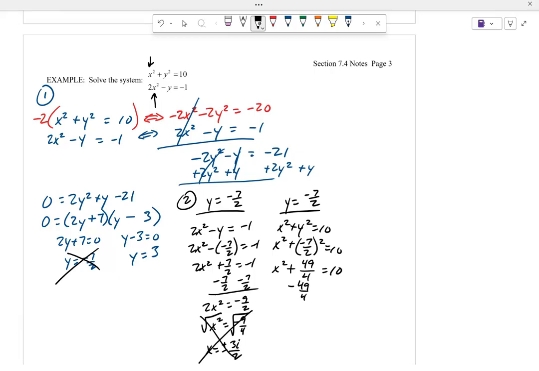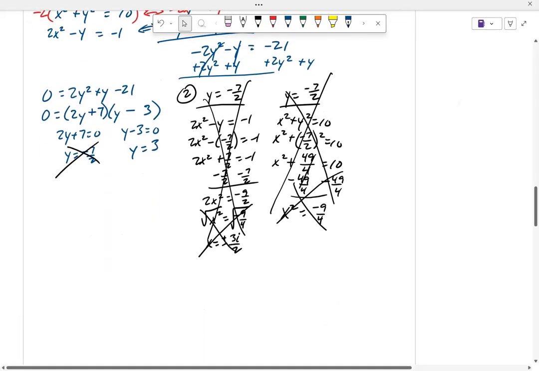Subtract 49 over 4. x squared equals 40 over 4 minus, yeah, it still gives me that. So either one it would not have worked for. Sometimes it'll work for one, not the other. It's got to work for both, right? It's got to work for both. So toss this out either way. Negative 7/2, you are worthless.